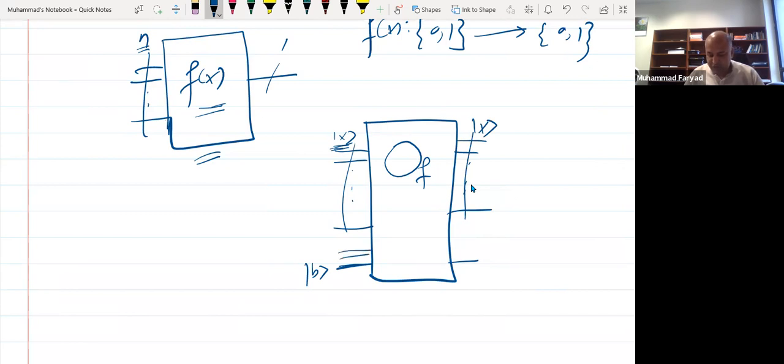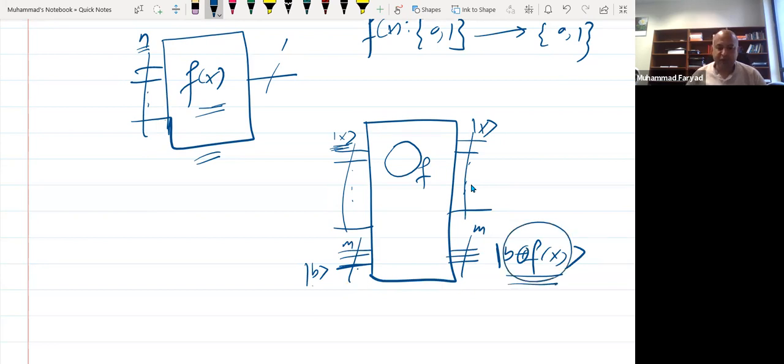In general, we can have many auxiliary inputs over here, but let's say we have an m-bit long input here, and there's an input state |b>. So we have an m-bit output over here, and this gives us a state like this. So this is where the function f appears.